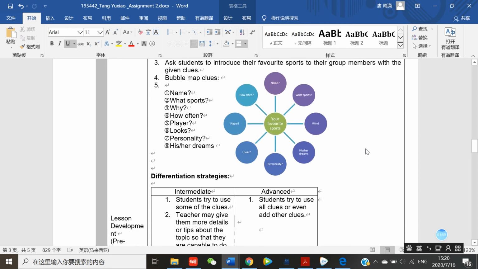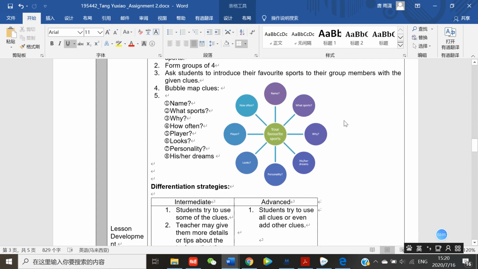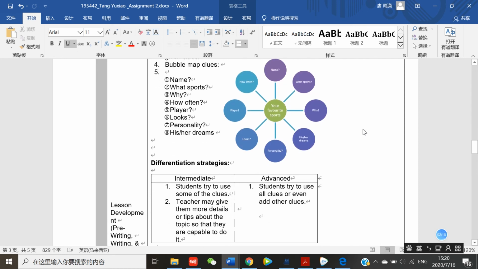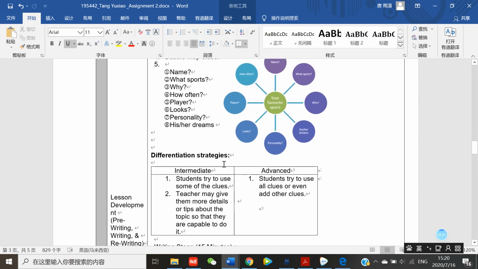This not only improves their speaking skills, but also it closes the relationship between the classmates so that they can know each other better. And for the intermediate levels, students will try to use some of the clues.